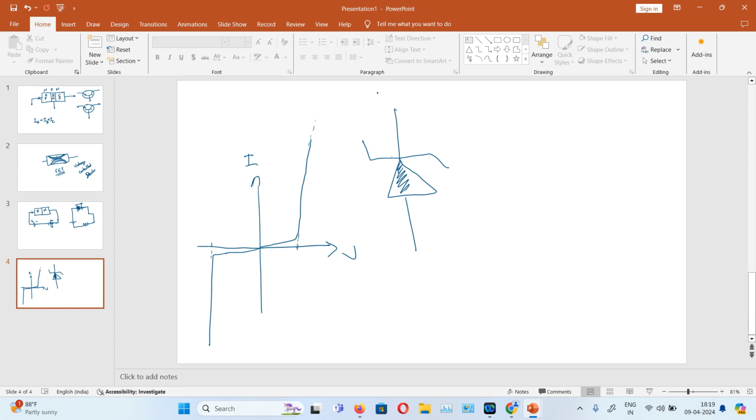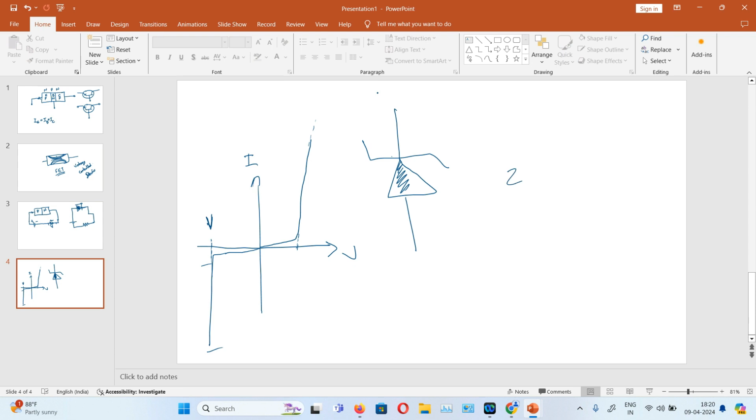But in the case of a reverse biased Zener diode, the breakdown voltage is somewhat fixed over a very high range of current. So the slope is almost like infinity. If it is working in this region, the voltage across the diode is always constant.